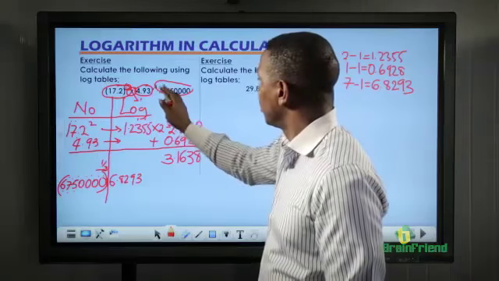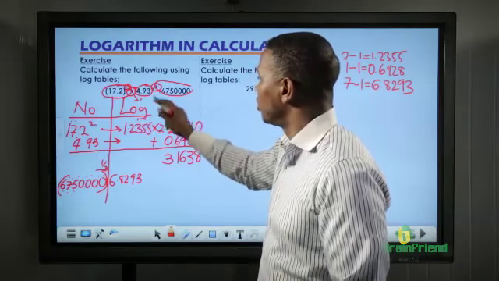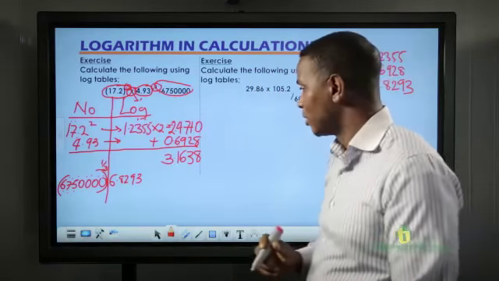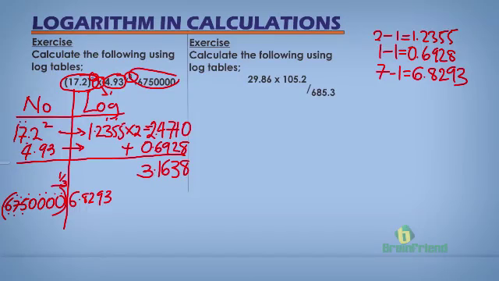But remember, we were asked to find the cube root of 6,750,000. And we have written it out here as the power 1 over 3 of 6,750,000. It means, therefore, that the logarithm of our number here will be multiplied by 1 over 3, which is just another way of saying this value, 6.8293, divided by 3.